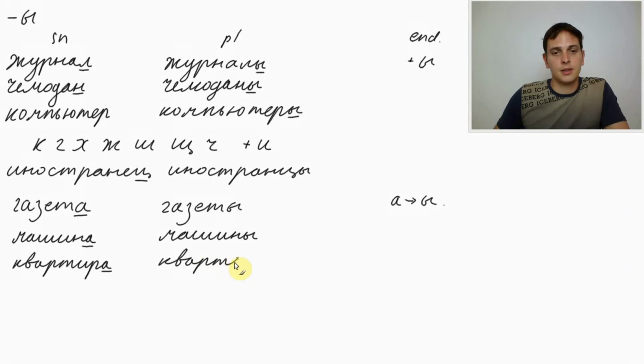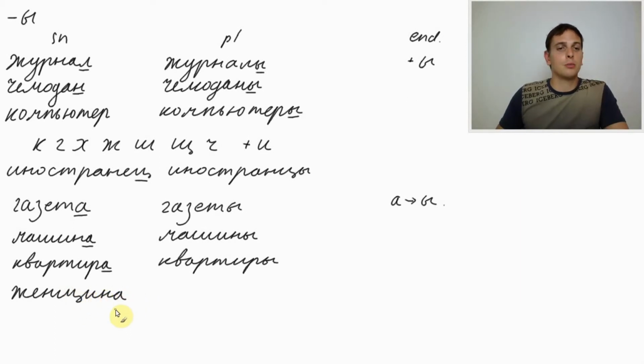And the last one would be женщина, woman. Try to build plural by yourself. It ends in A, so the plural will become женщины.